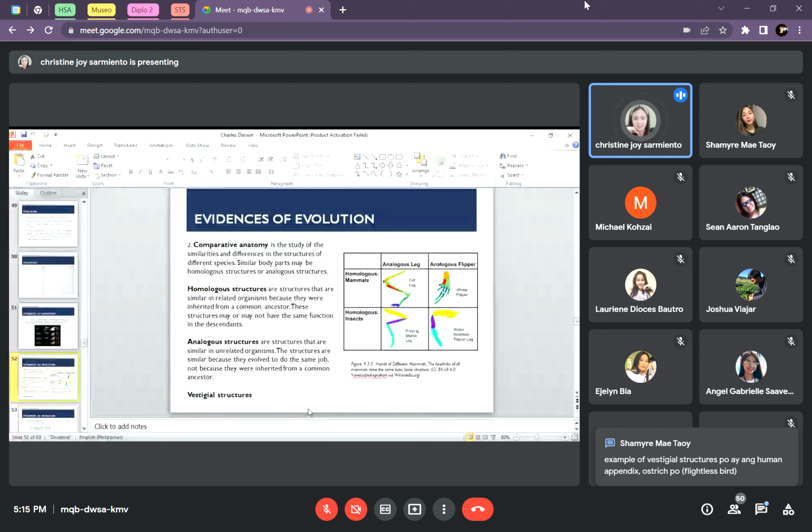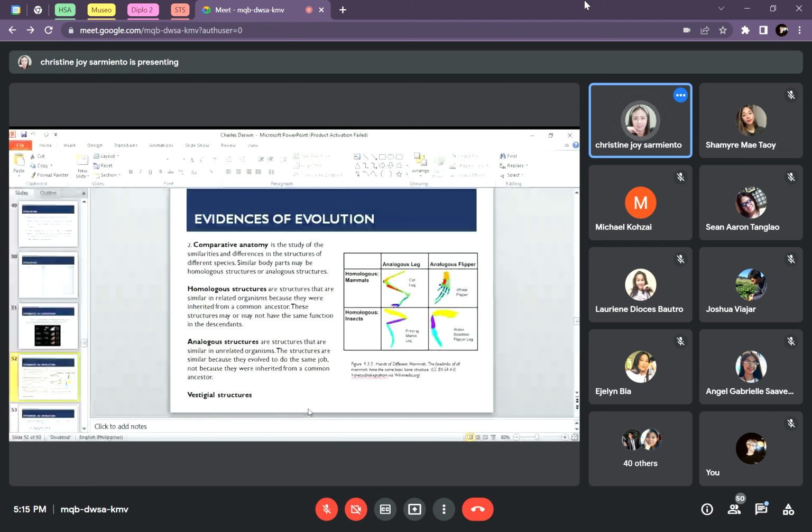While may iko dito now with analogous structures naman po, for present day species, the structures are the same, diba? Pero po, if you will trace their evolutionary history, they do not come from a common ancestor.